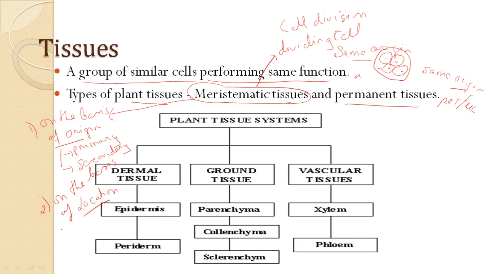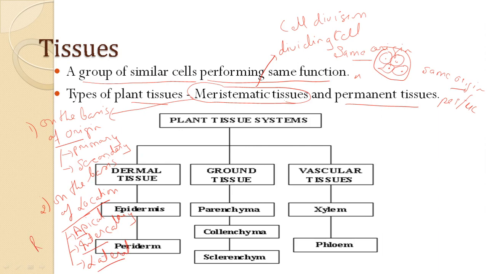And on the basis of location, they are of three types. One is apical, found at the tip of the plant, whether it is the root tip or shoot tip. Second is intercalary, and the third, most important, is lateral. So these are the three areas where meristematic tissues are found: apical, intercalary, and lateral.